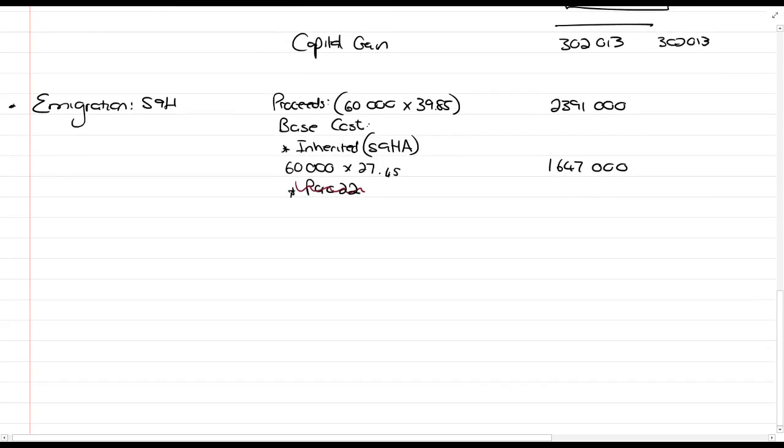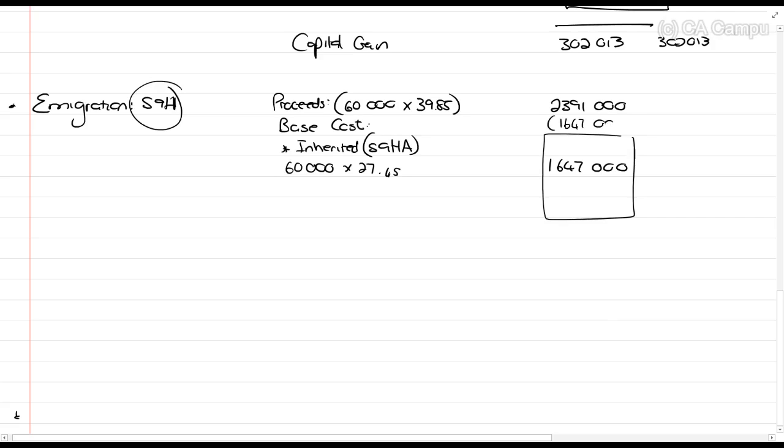Why? Because she didn't donate these 60,000 shares. This is just a deemed disposal taking place in terms of section 9H. So this is the capital gain, 744,000 rands. And that goes into my CGT column.